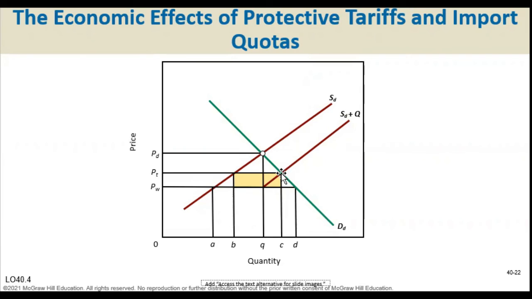Now the quantity demanded will fall. So to that point, you see that the shortage that we showed before, AD, has now shrunk to BC.